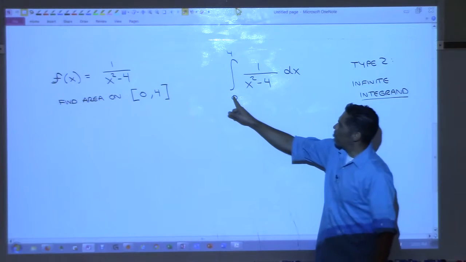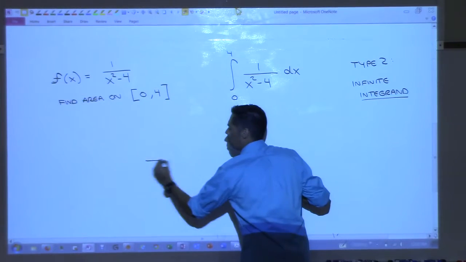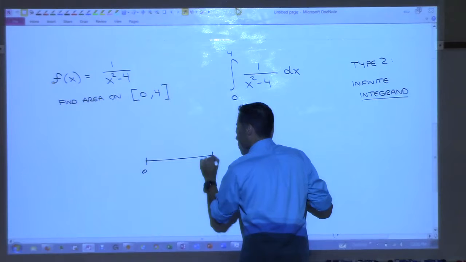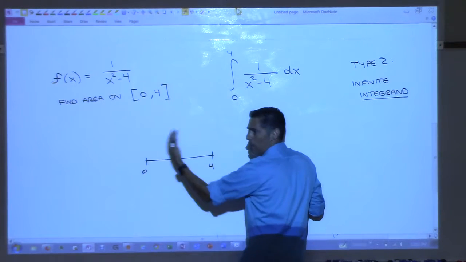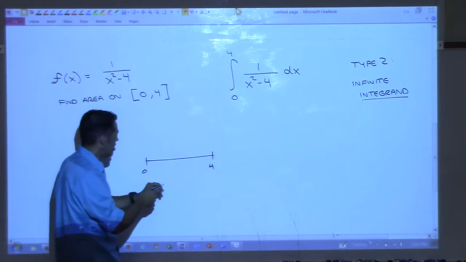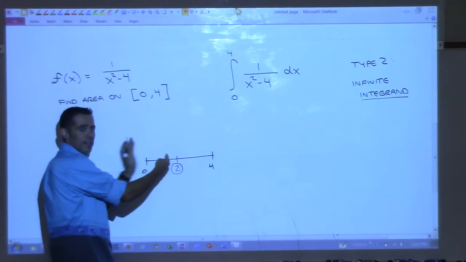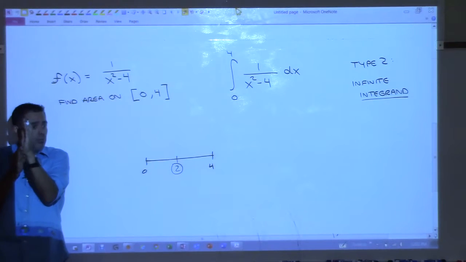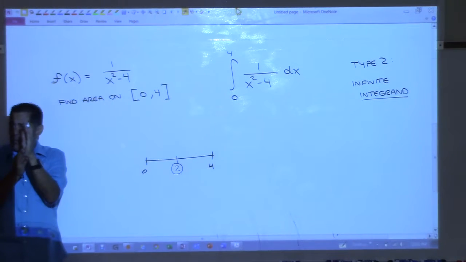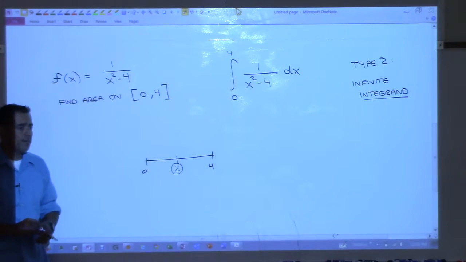If I'm trying to go from 0 to 4, I'm moving through that interval, remember this is adding up rectangles. When I get to 2, you've got a problem, because you can't have a rectangle at 2. Your function blows up, it becomes infinite, the bottom goes to 0. So this is how you identify type 2.